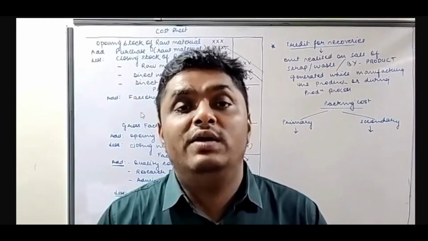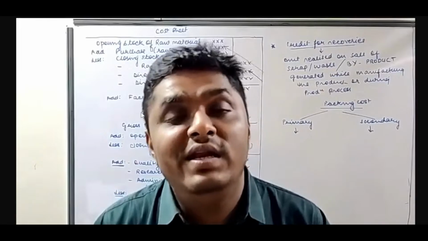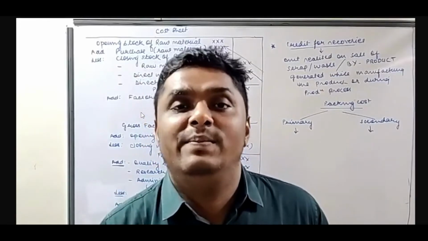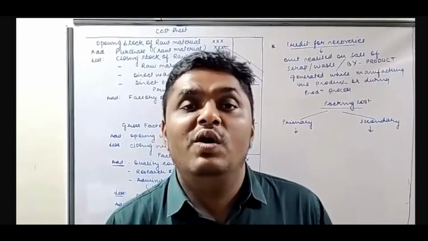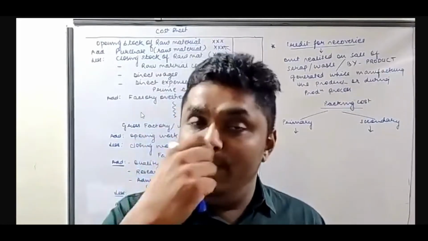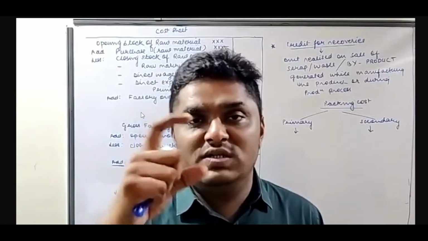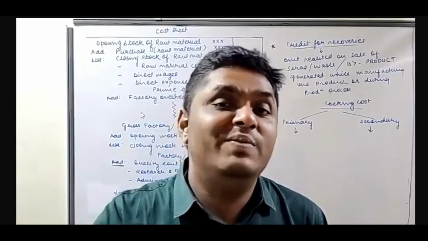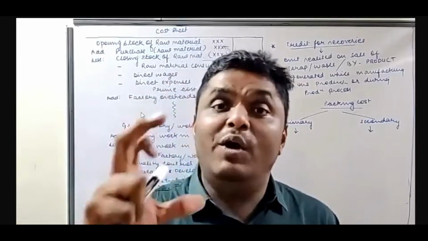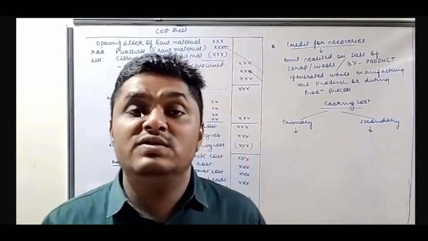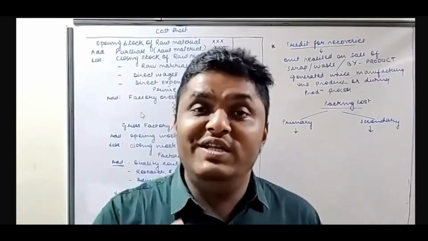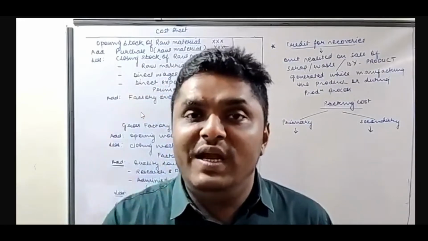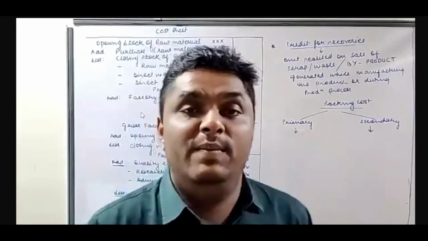To market the product or to make it marketable, we need to spend something on primary packing cost. The best example is, let's say, the Tetra Pak of Fruity. Without this Tetra Pak, that is the box in which we consume Fruity, the Fruity cannot be sold in the market. Or let's say the bottles in which we consume Fruity.